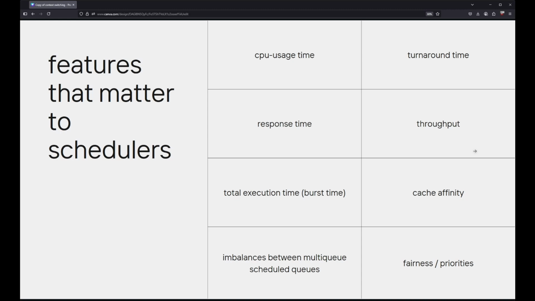Obviously, we want good cache affinity, to have that performance advantage. So having a good scheduler will heavily affect our cache affinity.